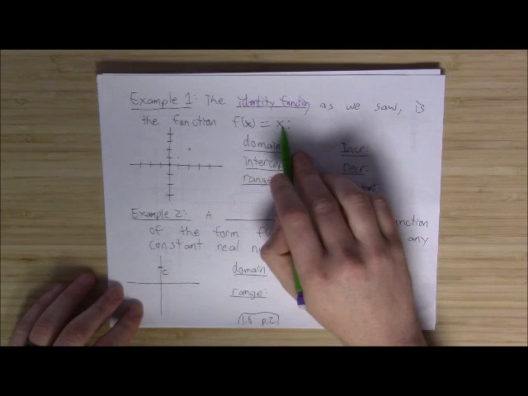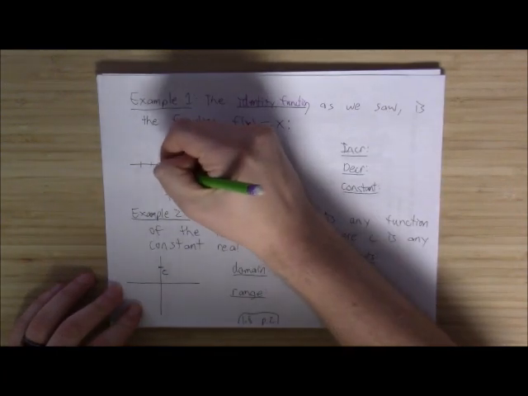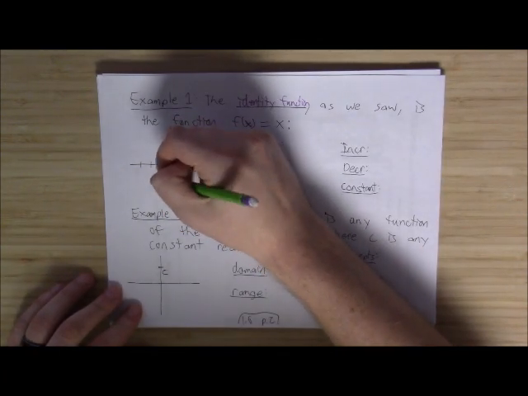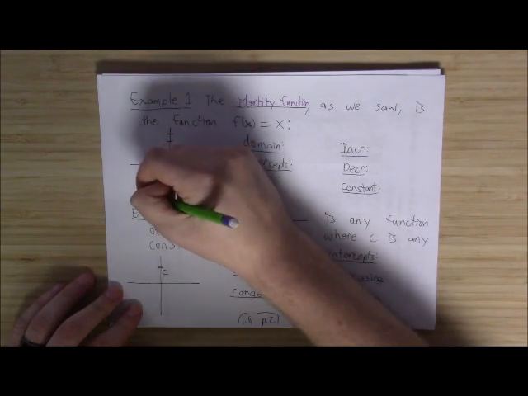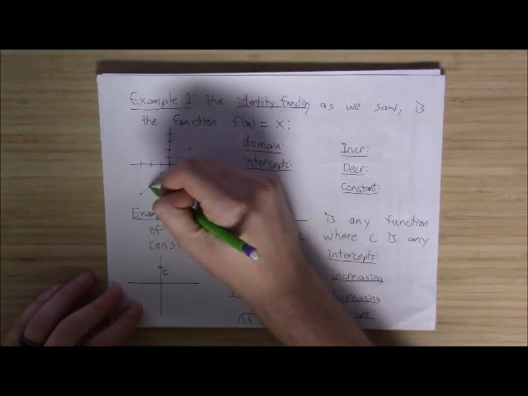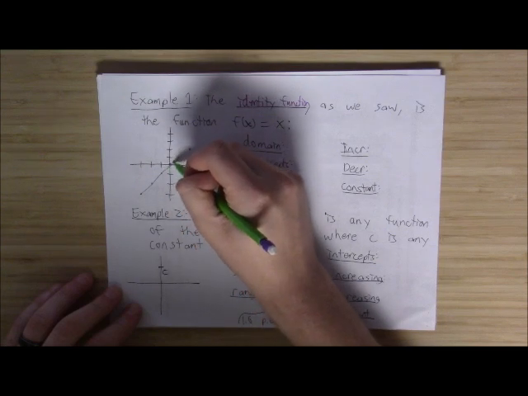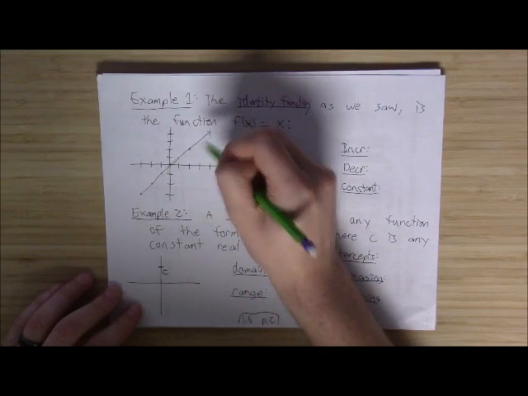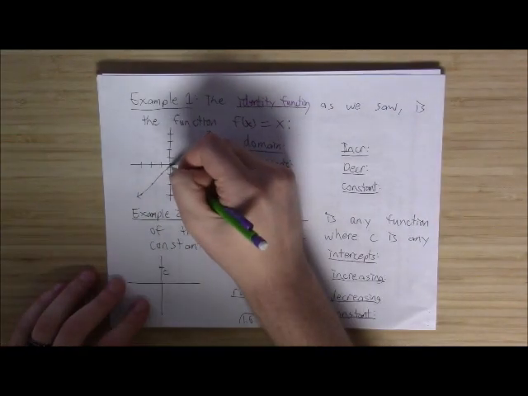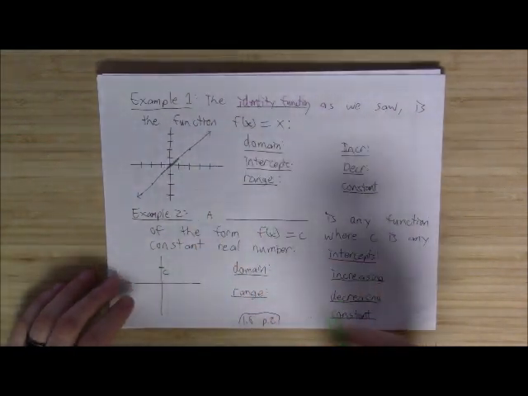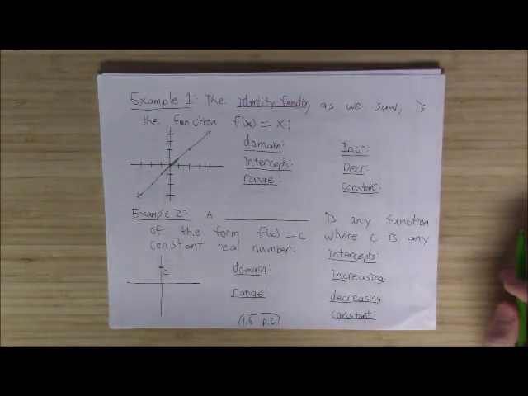Basically, whatever I plug in, it just gives me back. So -1 would be -1, -2 would be -2, -3 would be -3. And so I can plot these points, and I just get the line, not surprisingly, of slope 1 with y-intercept y equals 0.